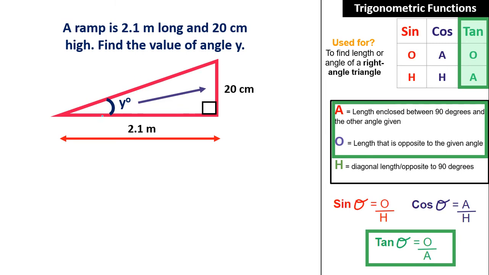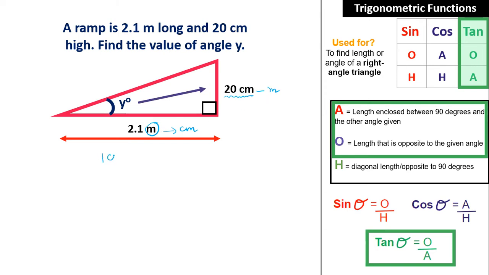Now, coming back to solving this, first thing you have to see is that this is 20 centimeters and the one right here is meters. The first thing that you're supposed to do is convert either meters to centimeters or centimeters to meters. I'm going to go ahead from centimeters to meters.